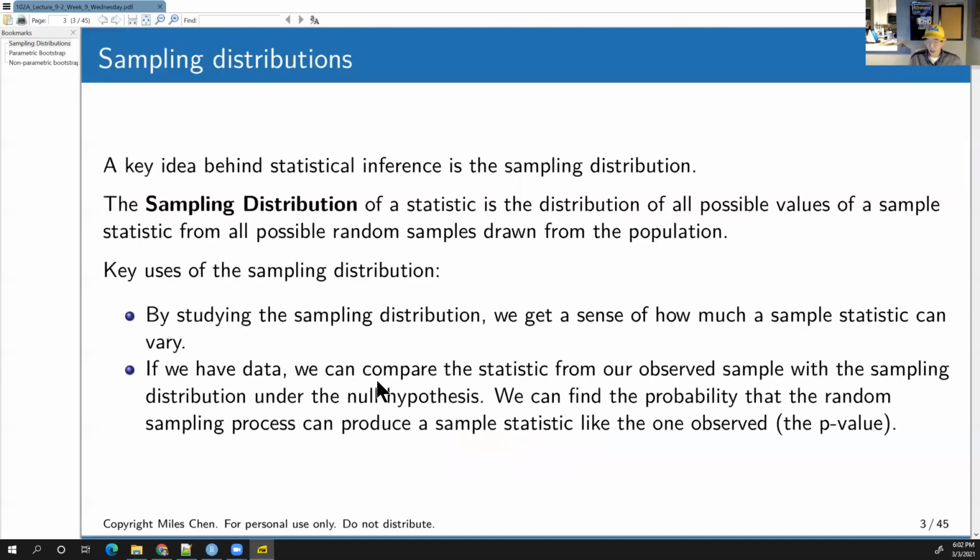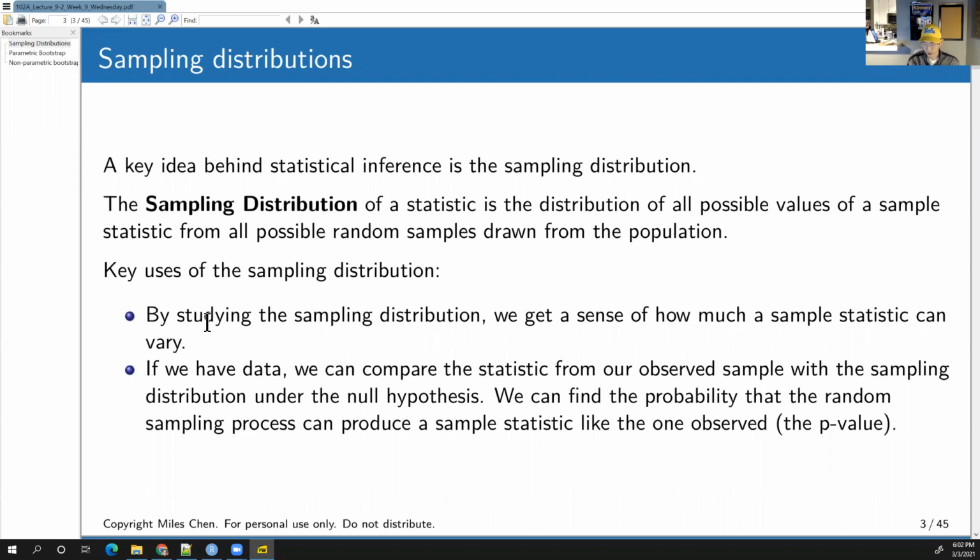So just going back and reviewing, sampling distributions are the foundational idea that we use for inference. The sampling distribution of a statistic is basically the distribution of all possible values of a sample statistic from all possible random samples drawn from the population.